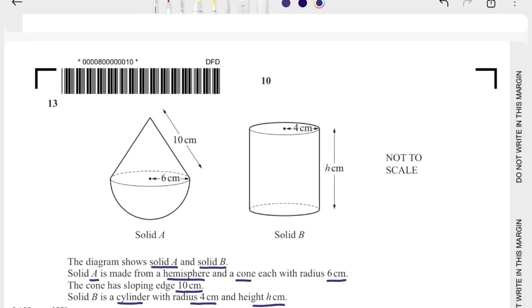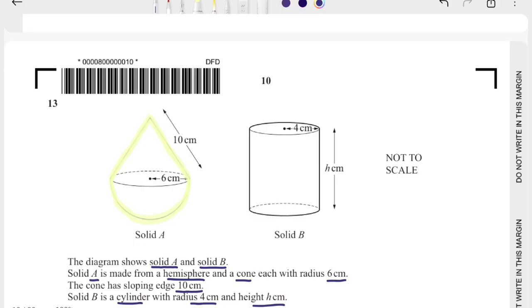To calculate the surface area of both solids, we have to work out smartly. If you see solid A, this is a slant height of cone, and this is also called curved surface area of cone, and this is the curved surface area of hemisphere.